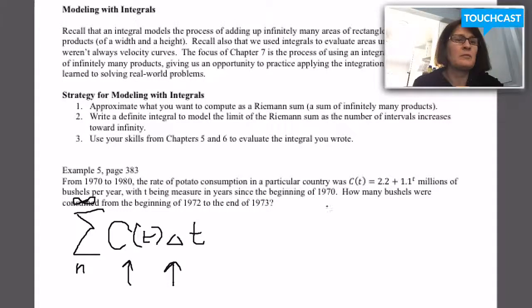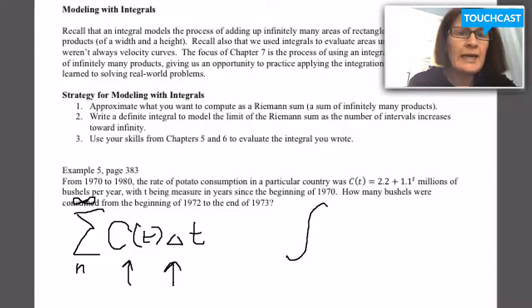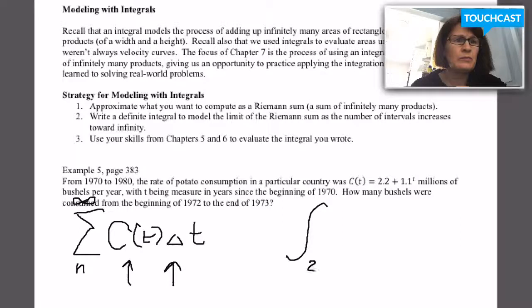So how am I going to write this? I'm going to write an integral from, here we're told that time 0 is the beginning of 1970. So time 1 is the beginning of 71. Time 2 is the beginning of 1972. Time 3 is the beginning of 73. We want the end of 1973.